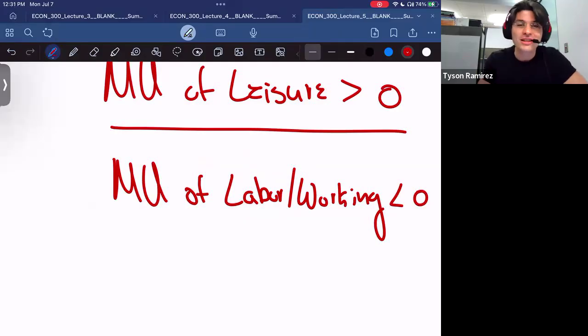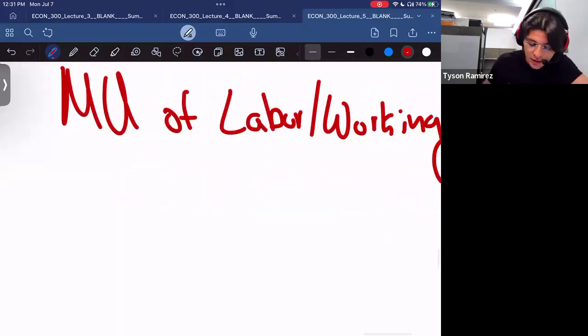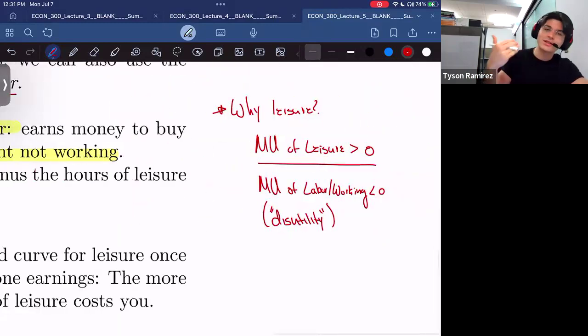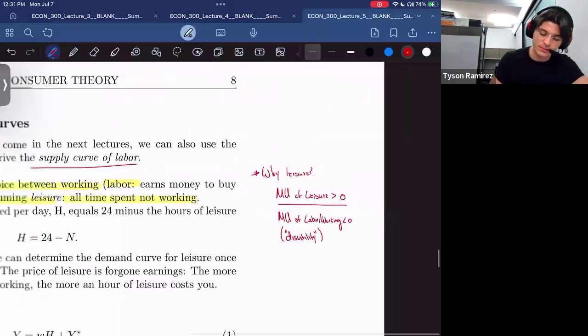On average, people don't get utility from working. They get utility from the stuff they buy with the money they receive from working. But the work itself tends to not give people utility. You can accommodate this, and we just refer to it as disutility from labor, but it's easier to think of things in terms of leisure.